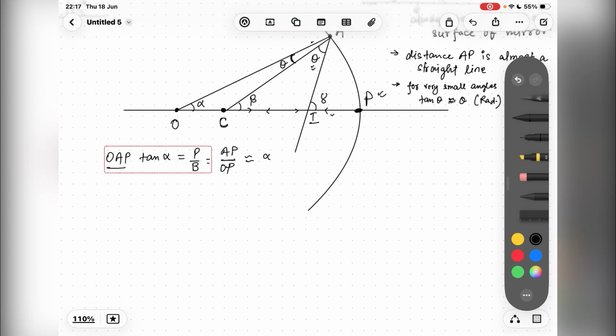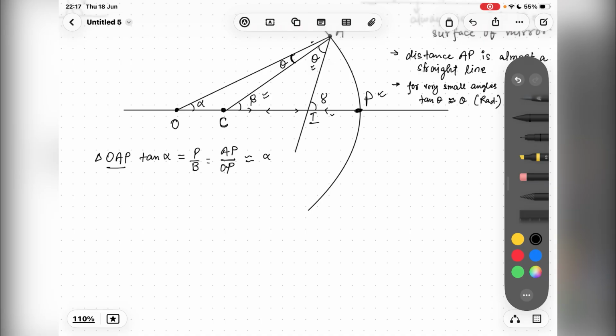Similarly, in triangle CAP, tan, no, for beta we will have something else because we will not approximate beta.